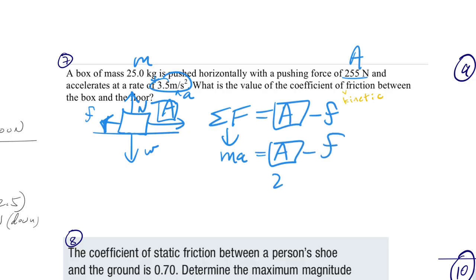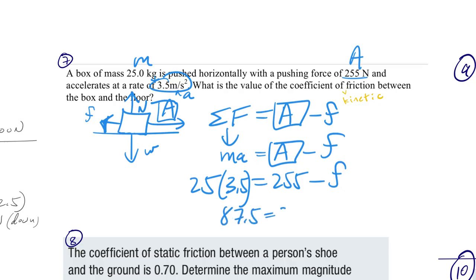Okay, I know big A is 255. I know the mass is 25. Acceleration is 3.5. So doing the math, I get 87.5 equals 255 minus friction.